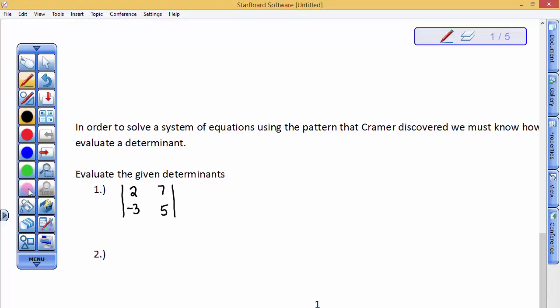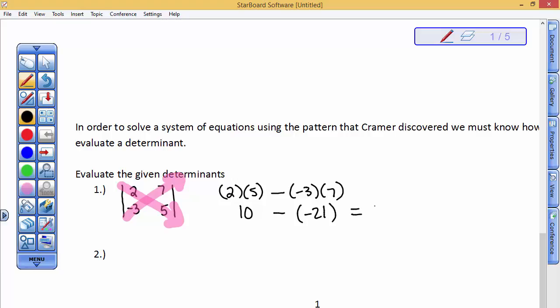So we're going to take that 2 times the 5. That's going to be like A1 times B2. And then we're going to subtract this product right here, which is a negative 3 times 7. So what you have to evaluate this determinant is 10 minus a negative 21, which is 10 plus 21, and you've evaluated a determinant.